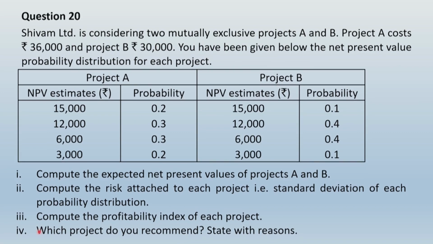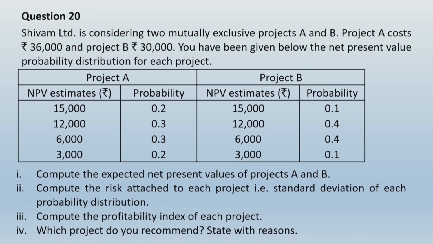Then the question is asking you at the end, which project do you recommend? State with reasons. Of course, to answer the last part, our entire analysis will be based on the computation of profitability index and the computation of standard deviation with respect to NPV.